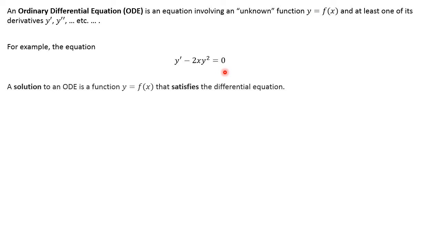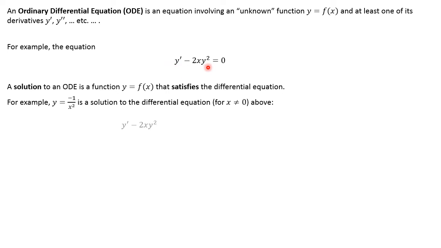satisfies the equation. And what do I mean exactly when I say that y equals f of x satisfies the differential equation? Well, for example, if we take y equals this function here, negative 1 over x squared, and you plug it into this equation, noting that y prime is 2 over x cubed, and so just plug in verbatim what you see here with y prime and y being replaced.